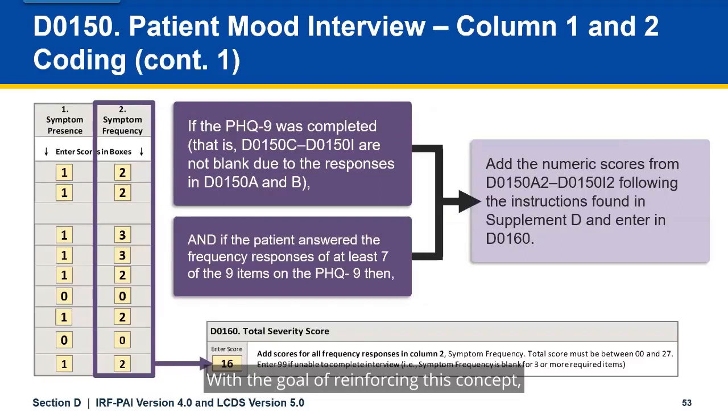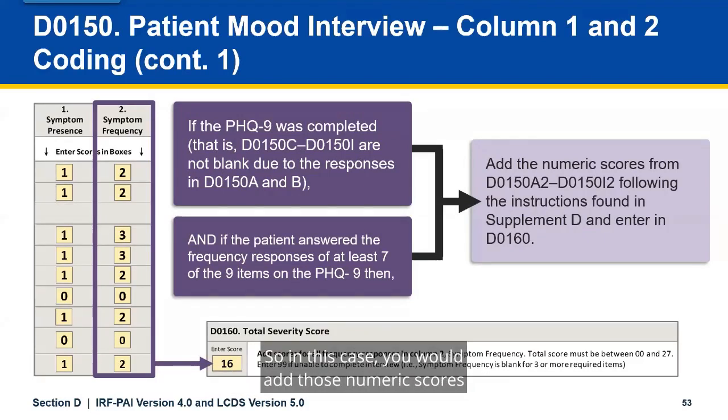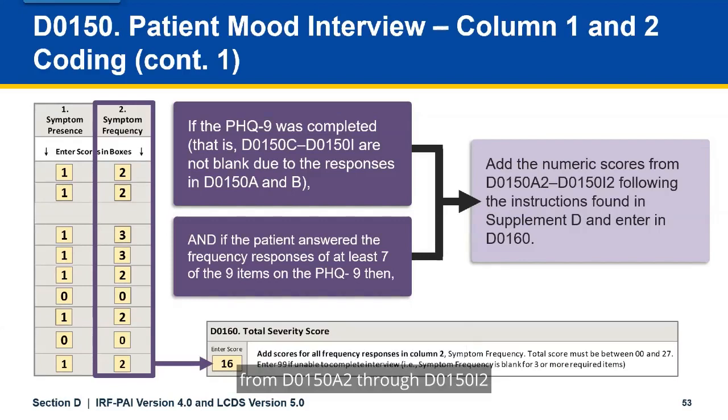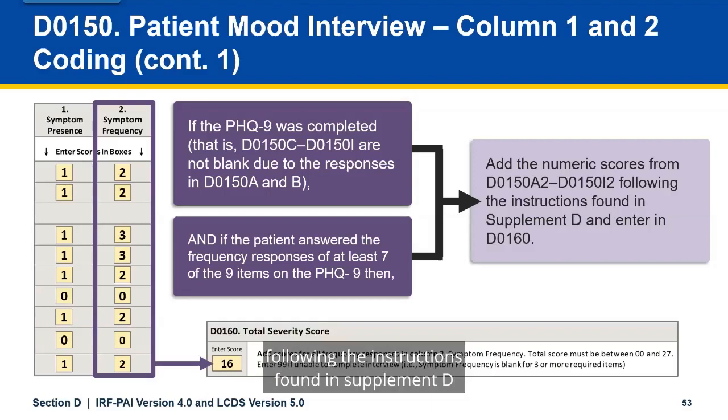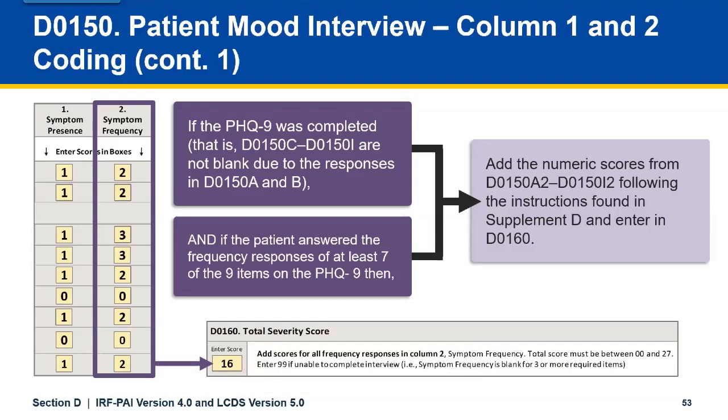With the goal of reinforcing this concept, this illustration depicts a scenario where all symptom frequencies for the PHQ-9 items were scored. So in this case, you would add those numeric scores from D0150A2 through D0150I2, following the instructions found in Supplement D, and enter that score in D0160.